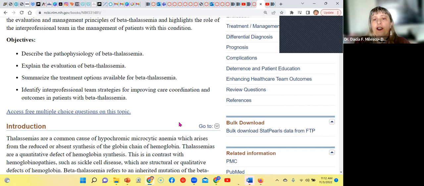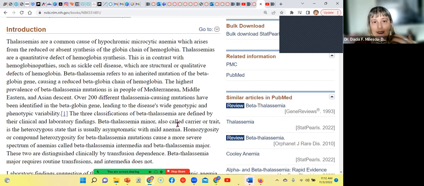And then in terms of treatment, identifying the different strategies for improving patient care. So let's go over the fact that, as I said before, circling back, it is a microcytic, hypochromic anemia, meaning the disease has an abnormal structure of the globin chain of hemoglobin.